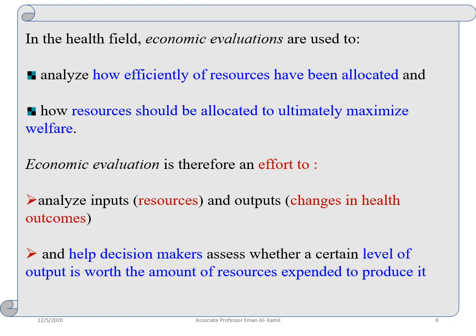Therefore, economic evaluation first analyzes the input, which is the resources. We identify what resources we have and measure them against the output, which is the change in the health outcome or in the health status of the people by application of different programs. Also, it helps decision makers assess whether a certain level of output is worth the amount of resources expended to produce it.